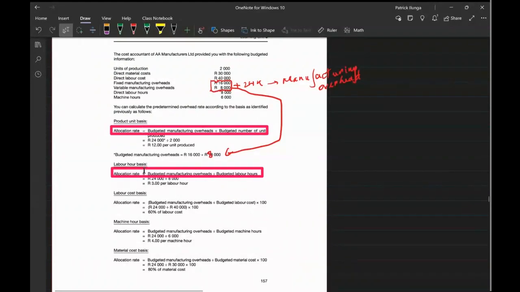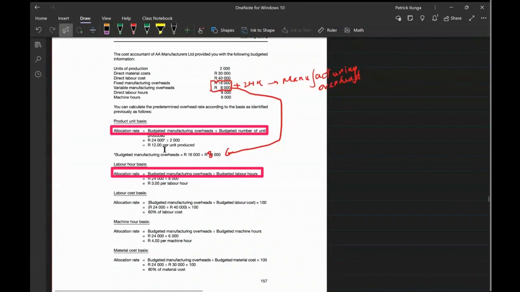So what is the allocation rate? We take the budgeted manufacturing overhead, 16,000 plus 8,000, which gives you, in your textbook there was a mistake. I did correct it. As you can see, these annotations can be quite useful because it also allows me, in case there's an error in your textbook, to actually correct it.